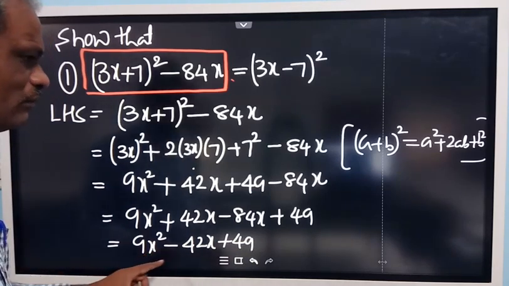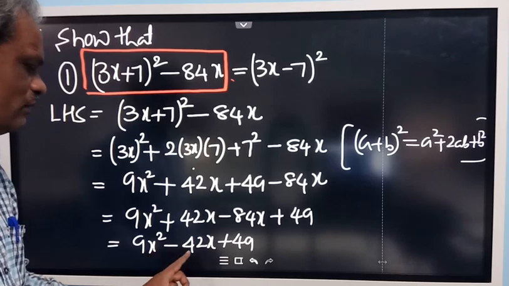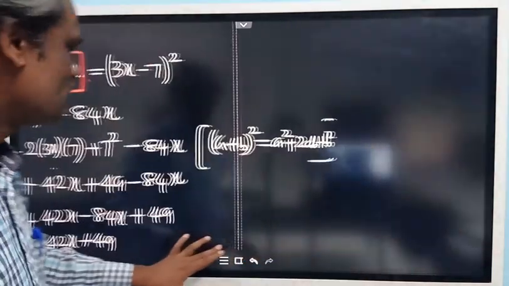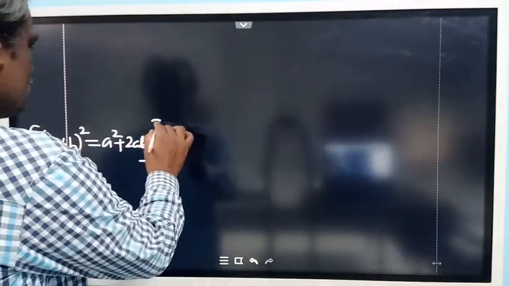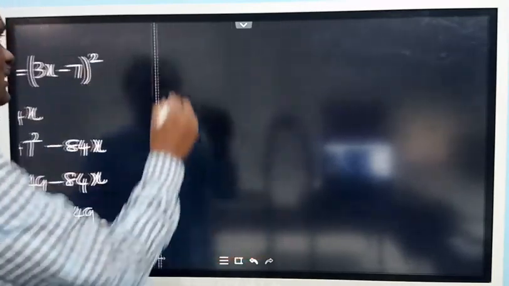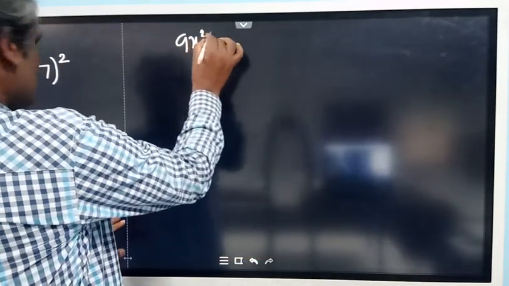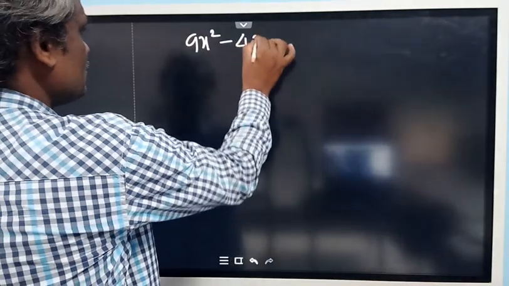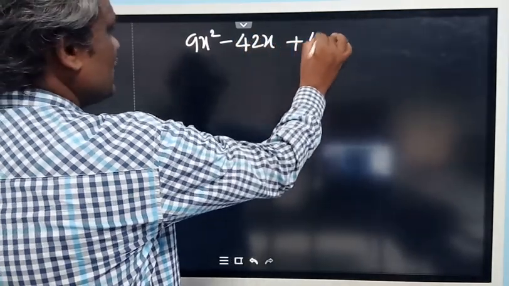Again look at this expression. This is again in the form of a² − 2ab + b². So let us go back once again to this. I will write once again 9x² − 42x + 49.